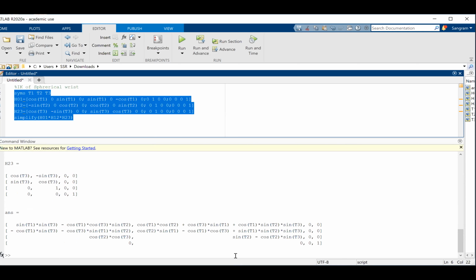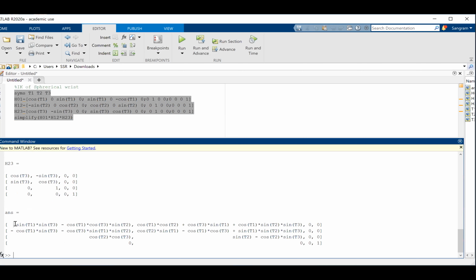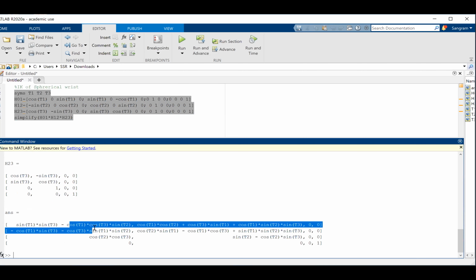So now, I want you to look carefully at what we have here. We have sine T1, sine T3, cosine T1, cosine T3, sine T2, cosine T1, cosine T2.